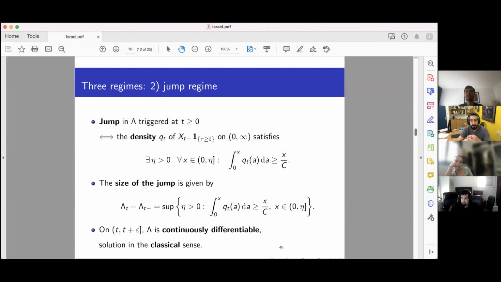Then there is the other extreme, which is the jump regime. That's the situation where lambda will have a jump, where your ice will advance discontinuously. That happens in the opposite situation, where the water is sufficiently cold next to the ice, which is quantified by the condition that you see in the first display.